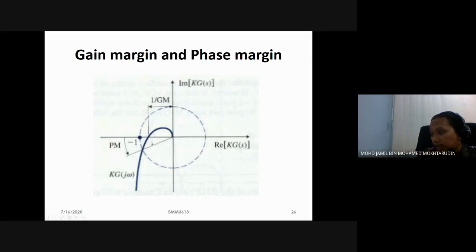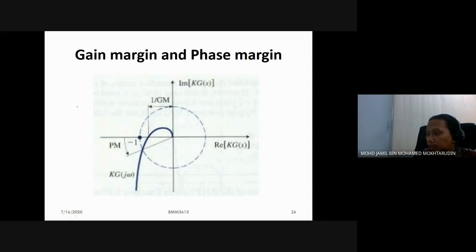But the important thing that you need to know is this point, -1 here. If your Nyquist plot intersects the real axis at less than -1, for example, this blue line here, then the system is stable.